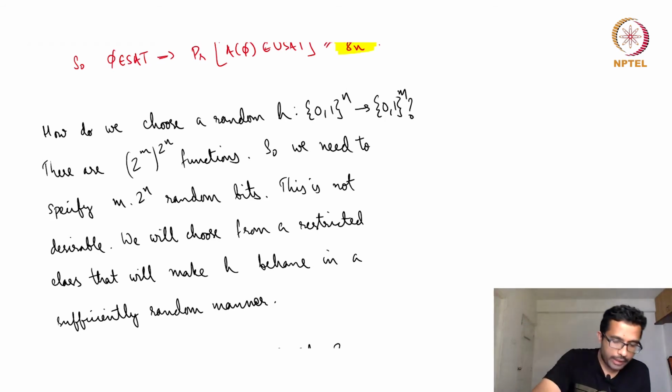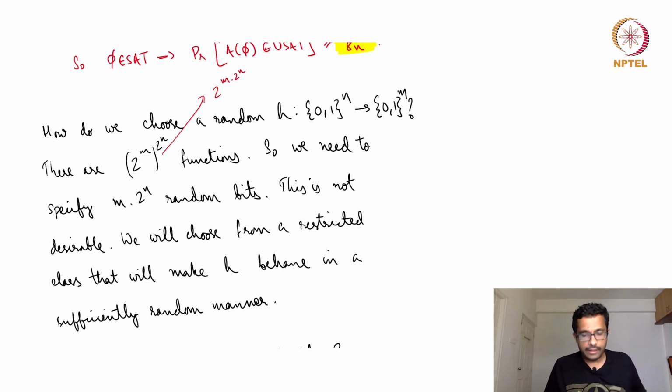So there are 2 power m whole power 2 power n such functions. This is the quantity.